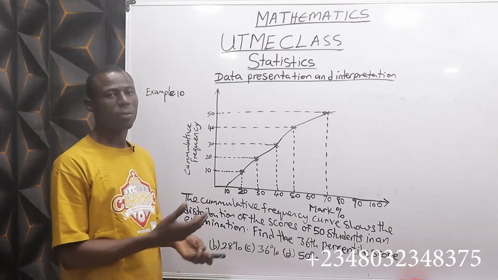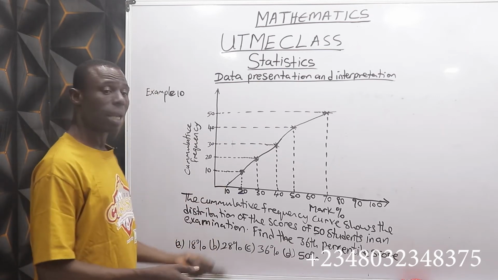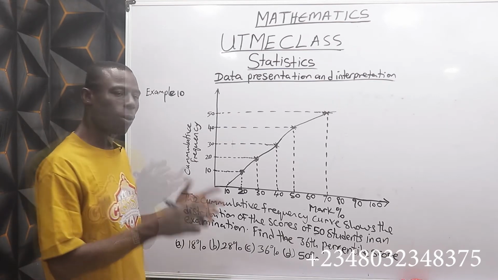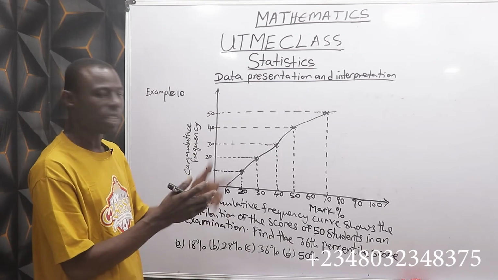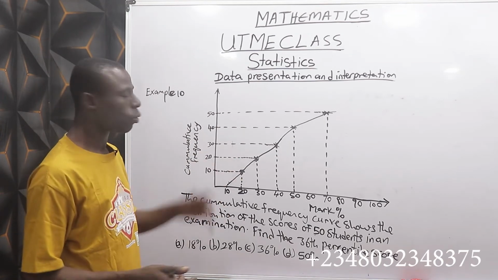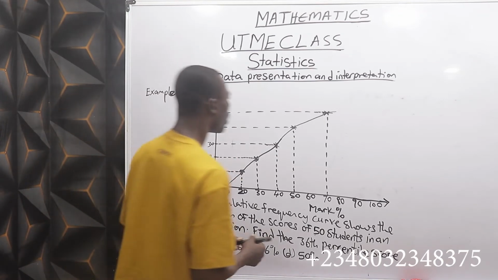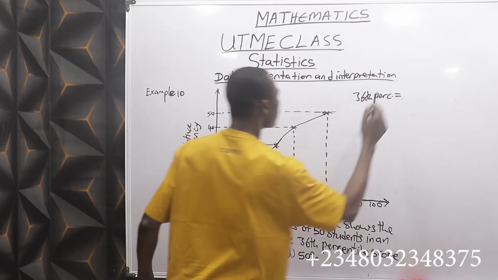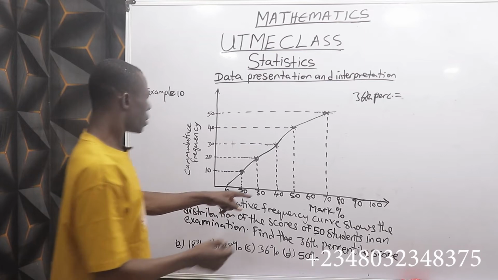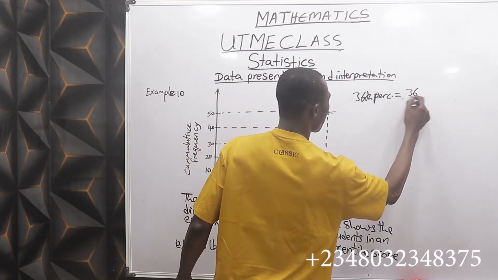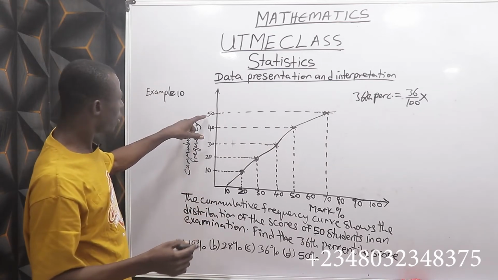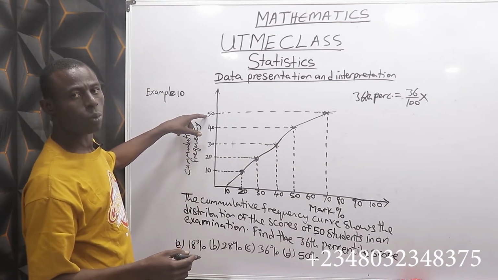Percentile in cumulative frequency curve is just like percentage. It's like finding percentage. It's just a way of packaging. We give it percentile on cumulative frequency curve. So the 36th percentile is 36% of the total 50, total cumulative.